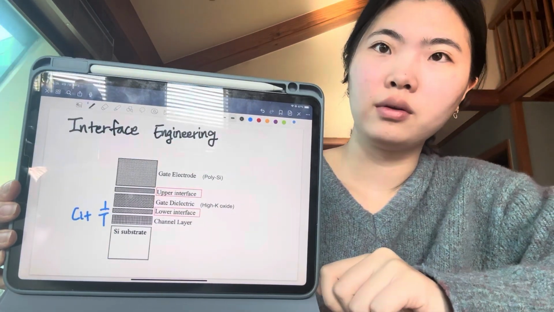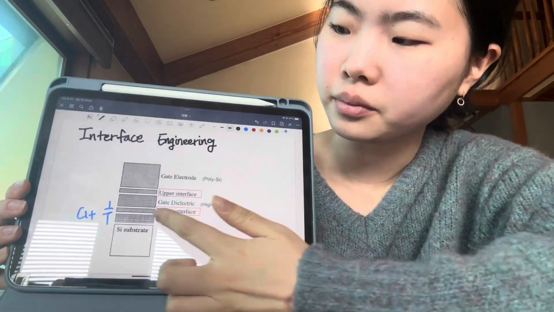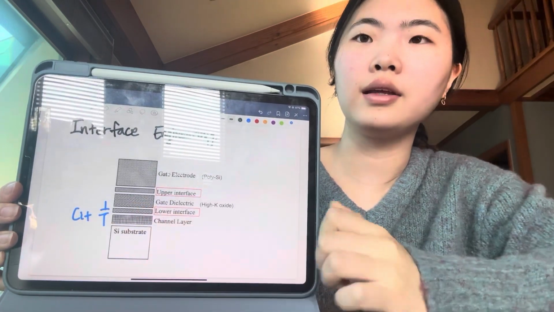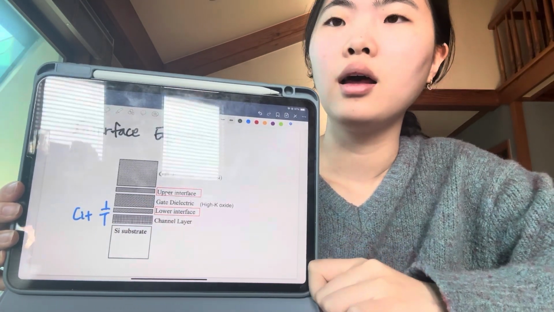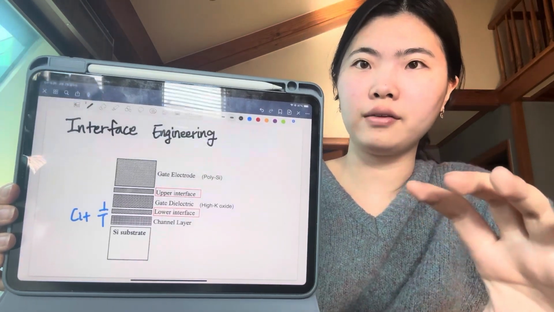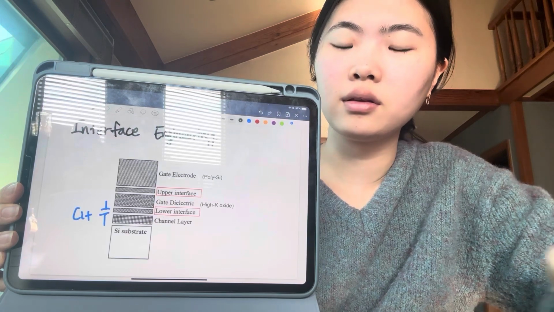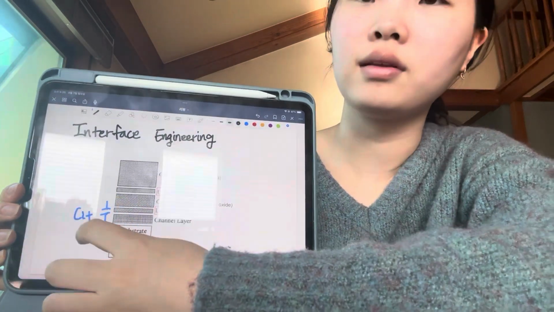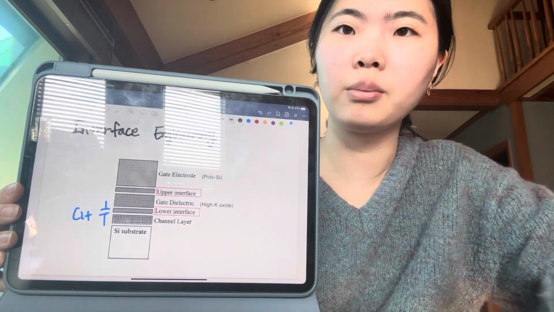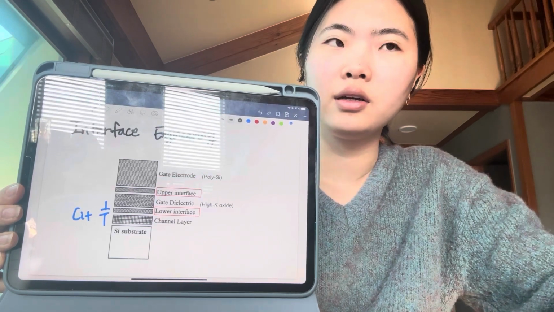When the interfaces are made, there is the interface trap, like C_IT. It means the capacitance of the interface. This C_IT becomes bigger than before when the interface trap density is higher.